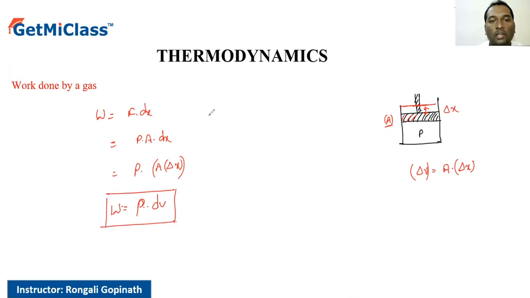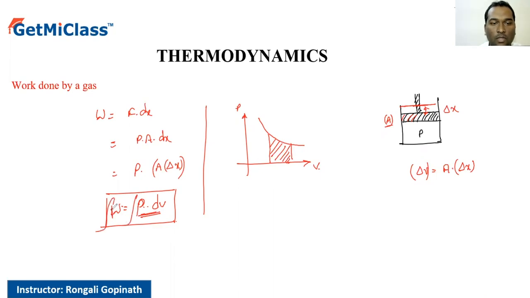Now, in different graphs, you can calculate the work done. Generally, if you have a pressure and volume graph like this, where volume is on the x-axis and pressure is on the y-axis, and let's say the graph is somewhat like this, and if I have to calculate the work done, if you look at this equation, this basically represents the area under the PV curve with the V-axis.